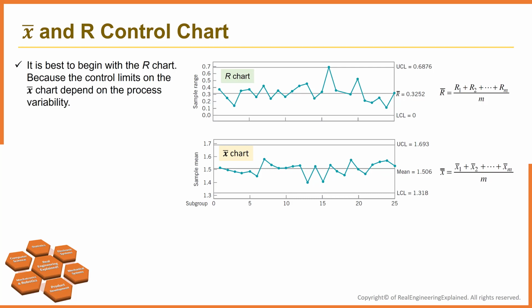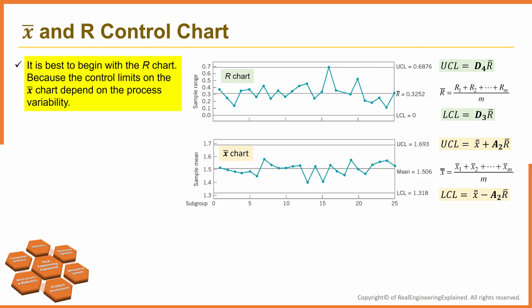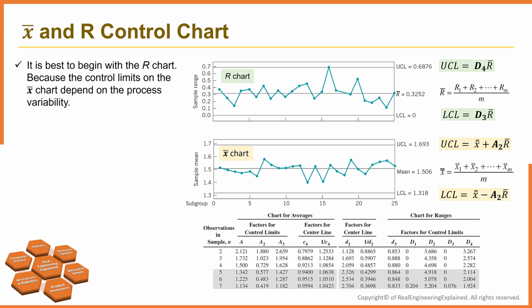To analyze these charts, it's better to begin with the R chart, because the control limits on the Xbar chart depend on the process variability. And we know that the process variability can be captured from the R chart. Here are formulas for constructing the control limits on the R chart and Xbar chart. UCL is upper control limit and LCL is lower control limit.